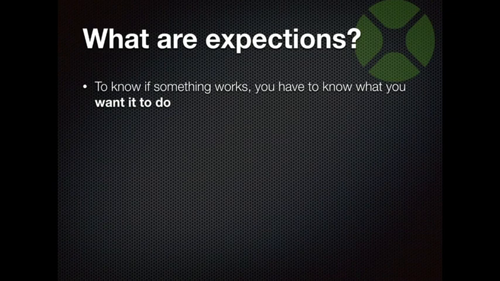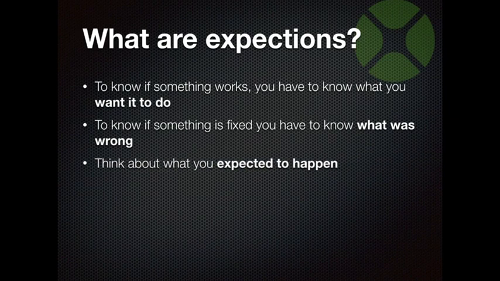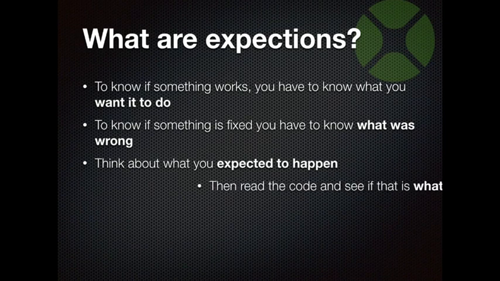So to know if it works, you have to know what you want it to do. And the corollary is, if you want to fix something, you have to know what was wrong. So these are important things to understand about the code before you're just in there randomly changing things and trying to guess what's happening. So you have to know what you expect to happen.